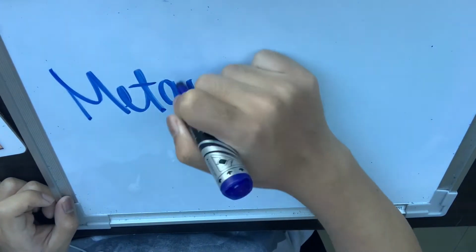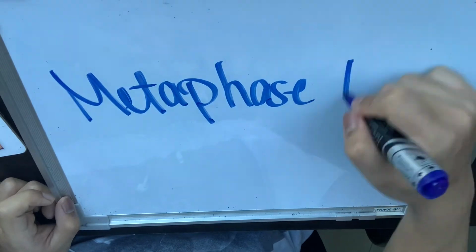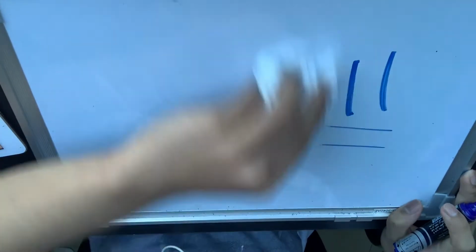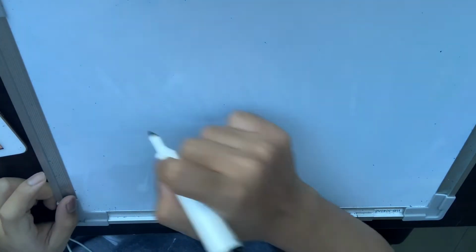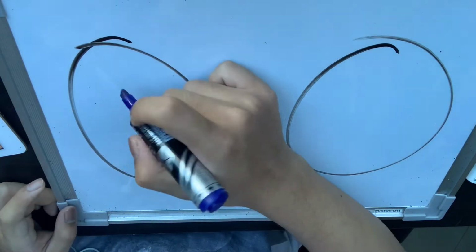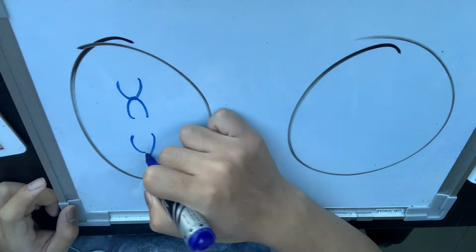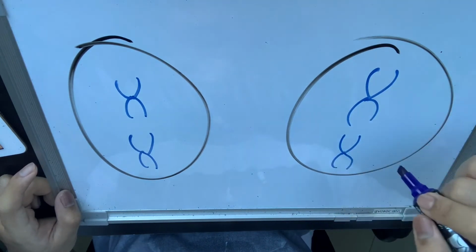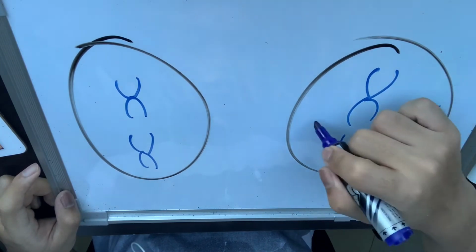Metaphase 2. So what does metaphase 2 do, or what is it? In metaphase 2, each of the daughter cells completes the formation of a spindle apparatus. Single chromosomes align on the metaphase plate, much as chromosomes do in mitosis.